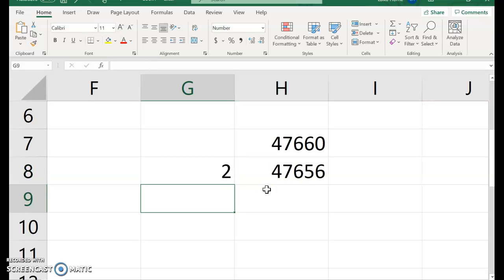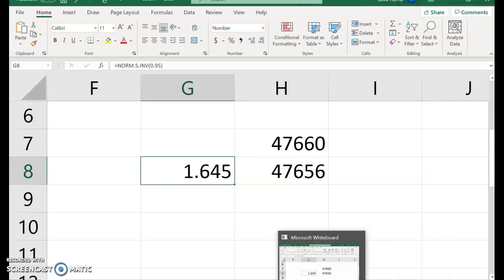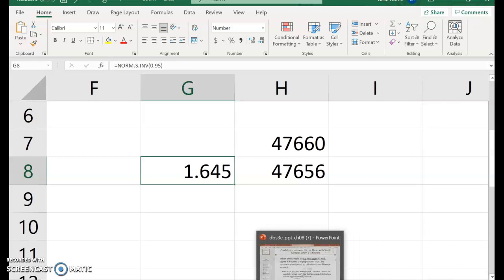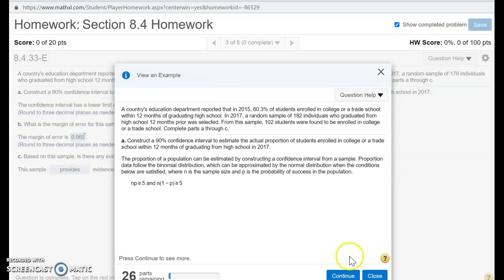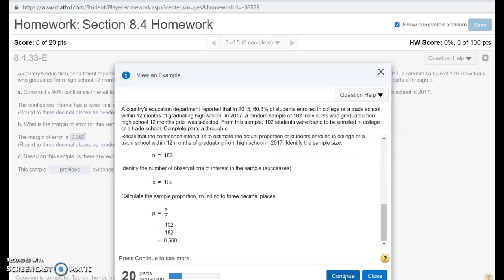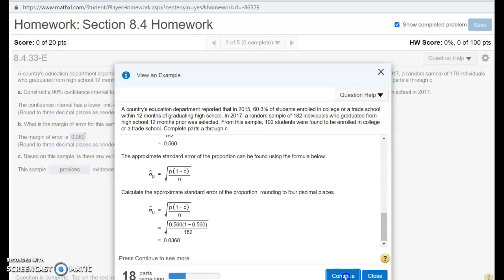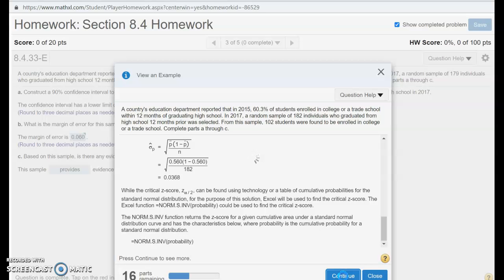Okay, so let's see. I believe we're going to round to 2 for the z. But if you want to double check, I really am not concerned about rounding. I know you want to get the homework problem right, but the main thing is understanding what you're doing.